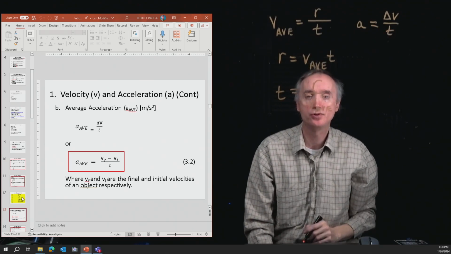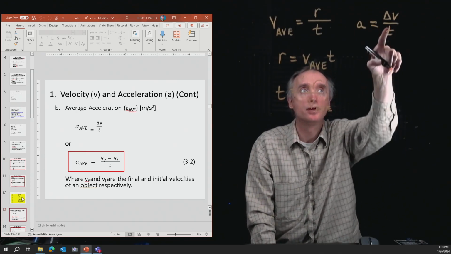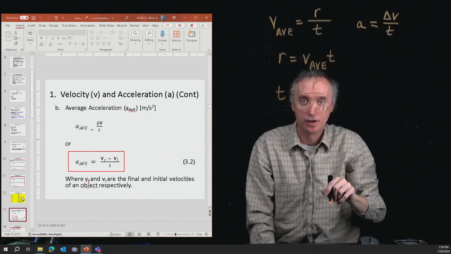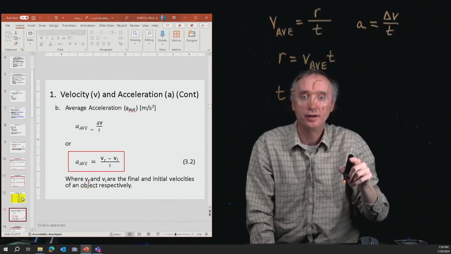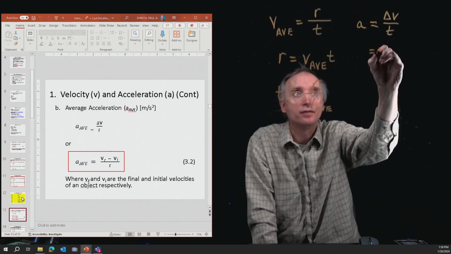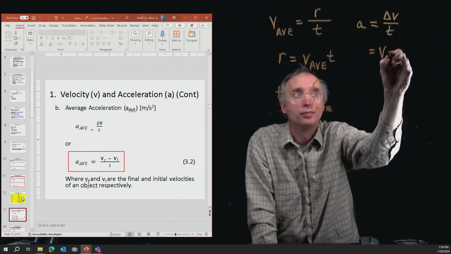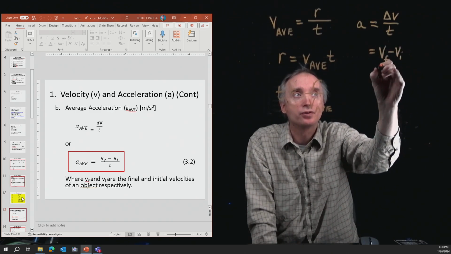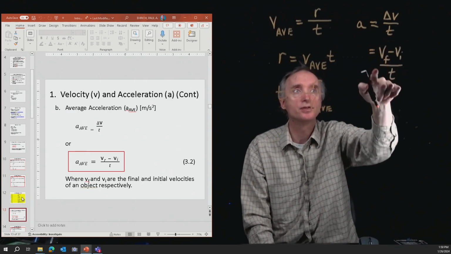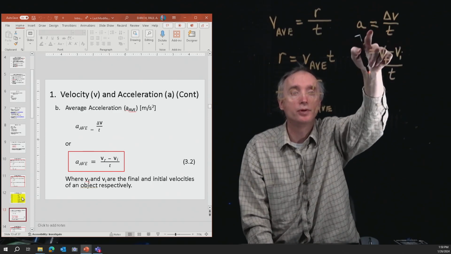It's not just v over t, it's the change in the v over t. And so another way of writing that is, instead of delta v, you could say v final minus v initial divided by t. So this one is the same thing as this one up here.